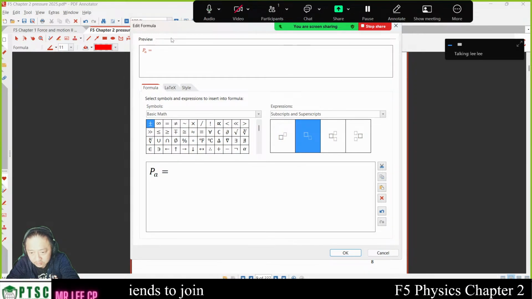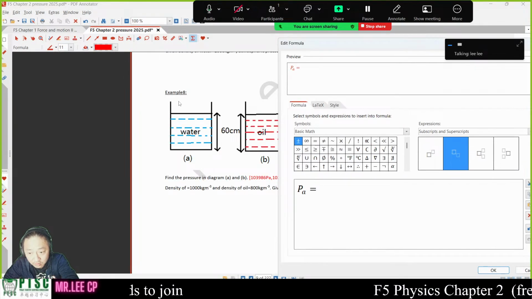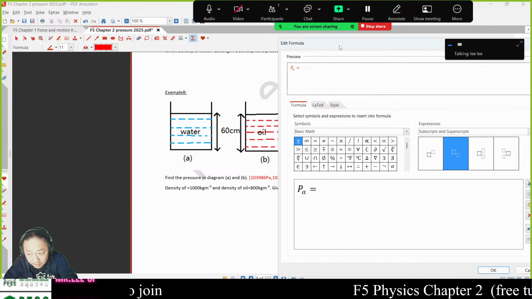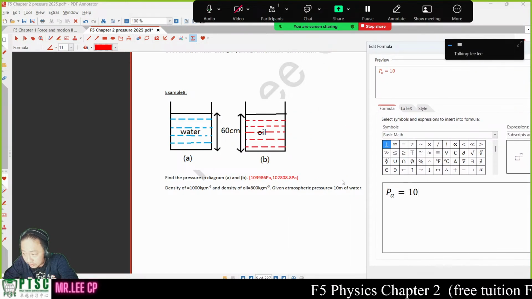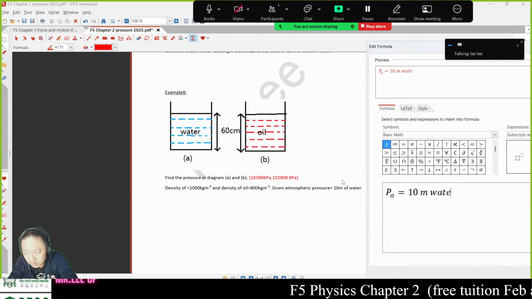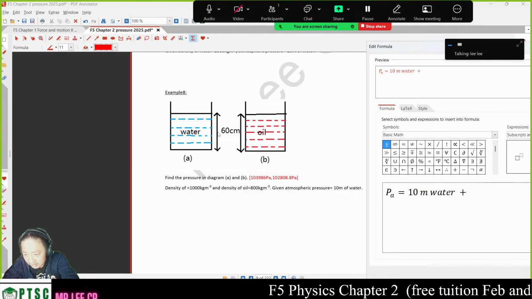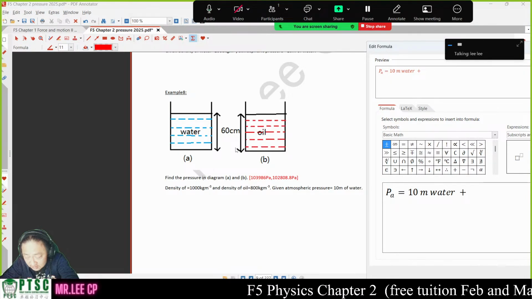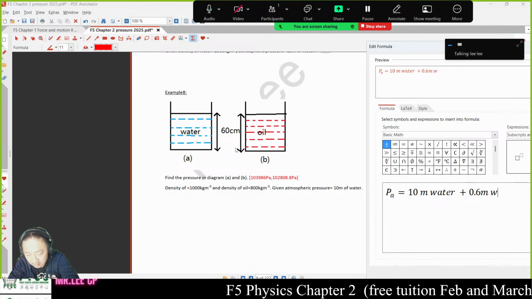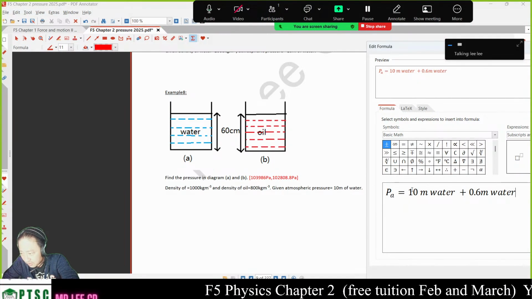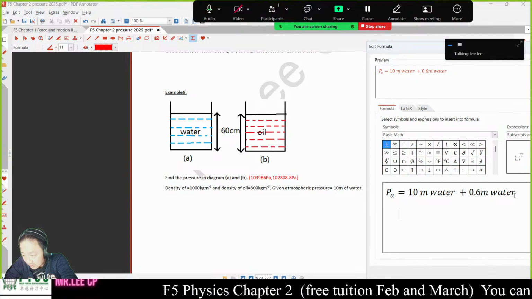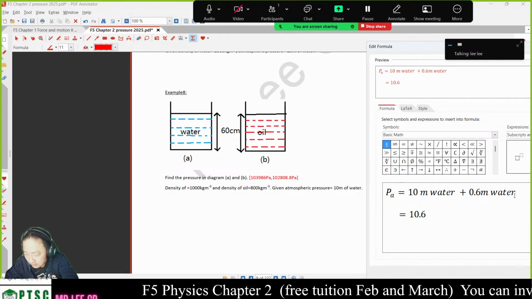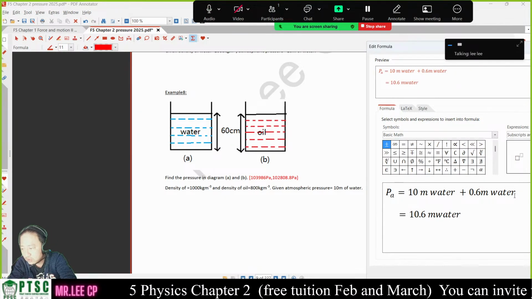Pressure in A is equal to, now pressure, not water pressure. You need atmospheric pressure. Atmospheric pressure is 10 meter water plus 0.6 meter water, altogether 10.6 meter water, right?